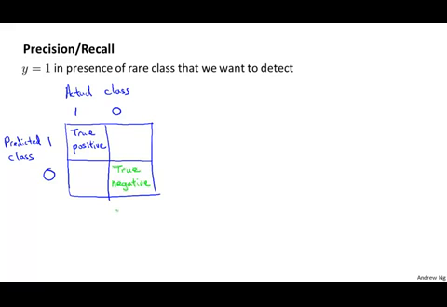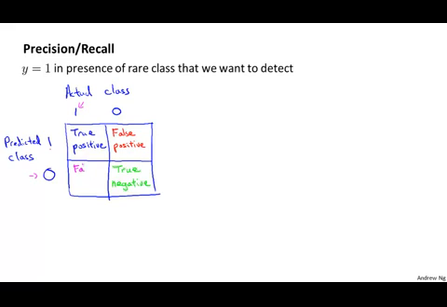We predicted 0 and it actually is 0. To fill in the other two boxes, if our learning algorithm predicts that a class is 1, but the actual class is 0, then that's called a false positive. So that means our algorithm thought the patient has cancer, but in reality the patient does not. And finally, the last box is a 0, 1.